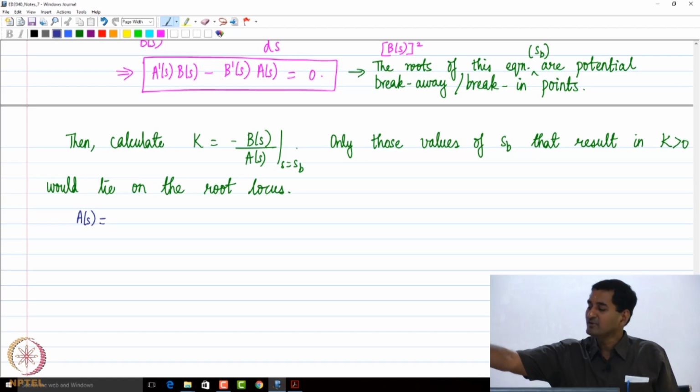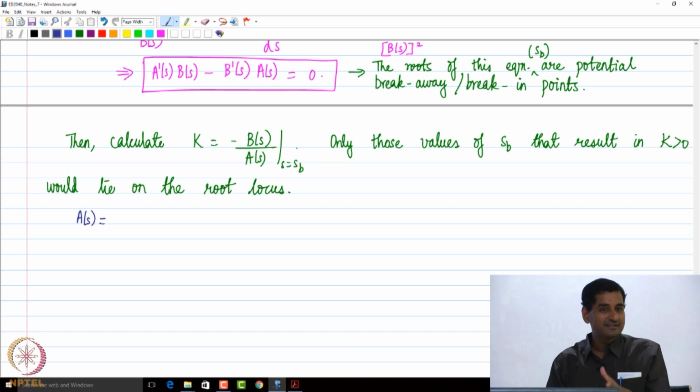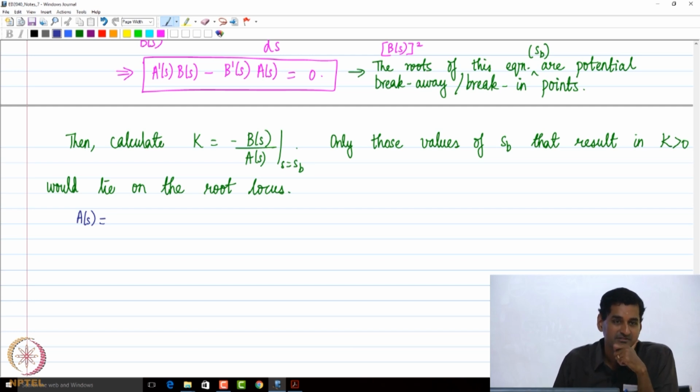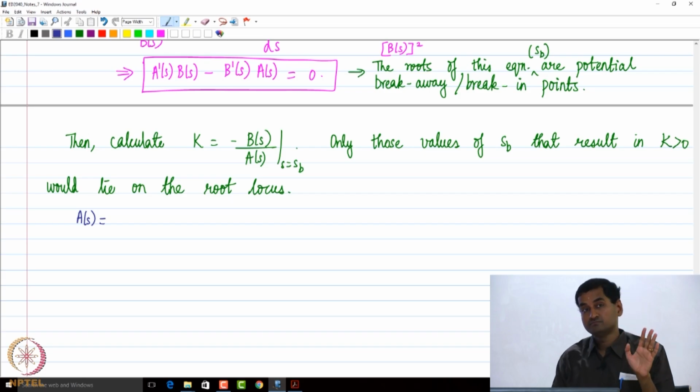I am only giving an intuitive understanding of each of these steps. The whole step 4 is to check if there is a breakaway or break-in point, because it's not a general property of root locus. You may have it, you may not. Only when we have multiple repeating closed loop poles do we have one.